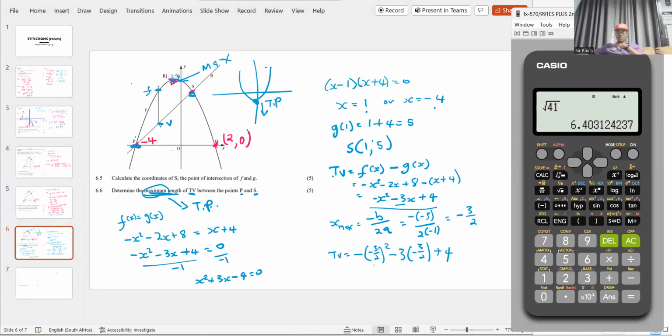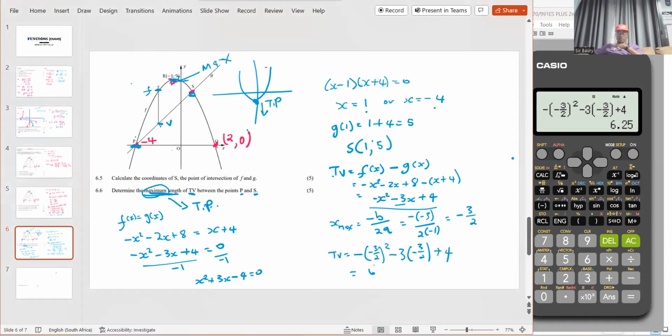So I have negative, then negative 3 over 2 all squared minus 3. Then I have negative 3 over 2, then close the bracket, plus 4. So my answer is equal to 6.25. That's the maximum.